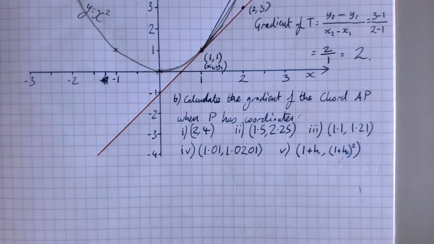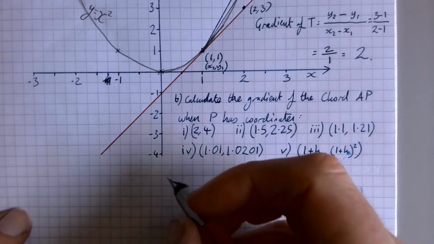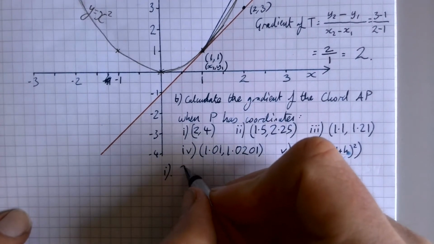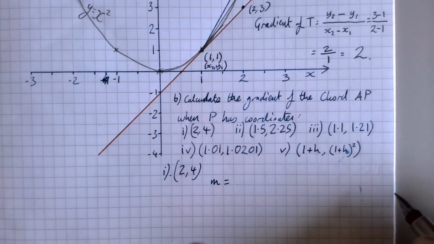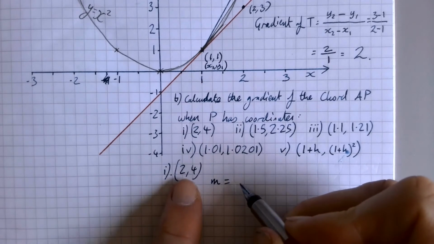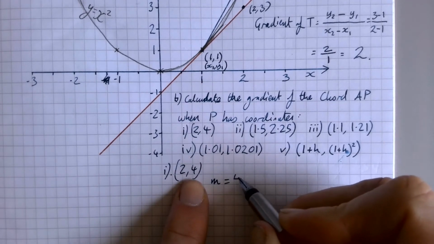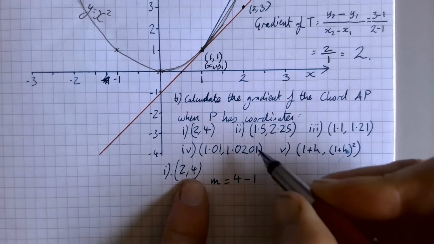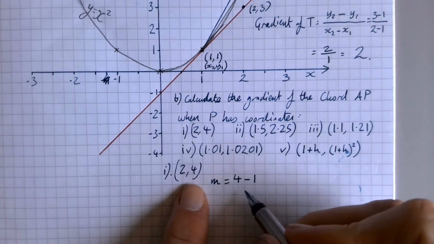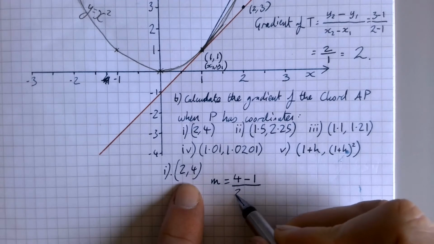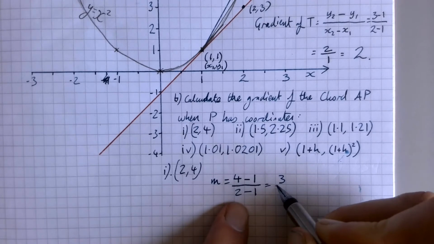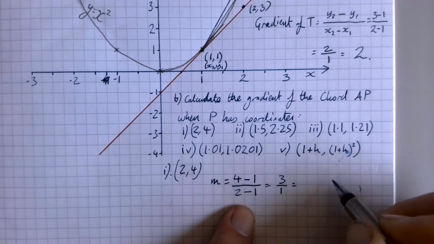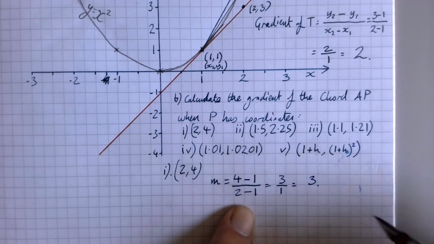So when we're thinking of the gradient for 2, 4, the gradient m is going to equal my second y value being 4, take away the 1 because we're always going back to this point 1, 1. 4 take 1 over 2 take 1, which gives us 3 over 1, which is 3.